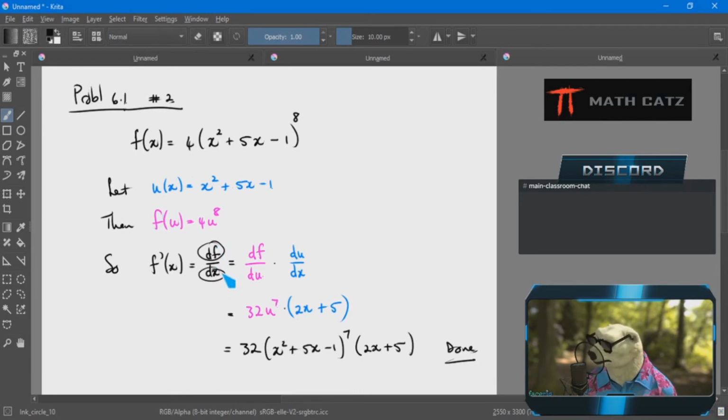I don't want to separate them, this is a name, but they actually can be manipulated in the same way as a numerator and a denominator, which helps me remember how to set up the chain rule.